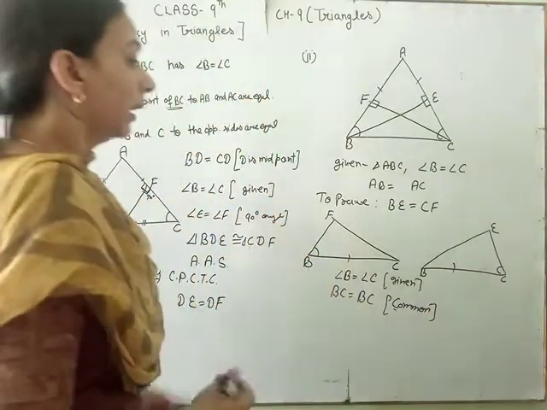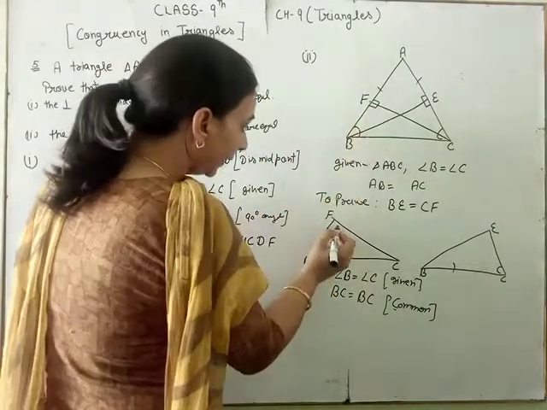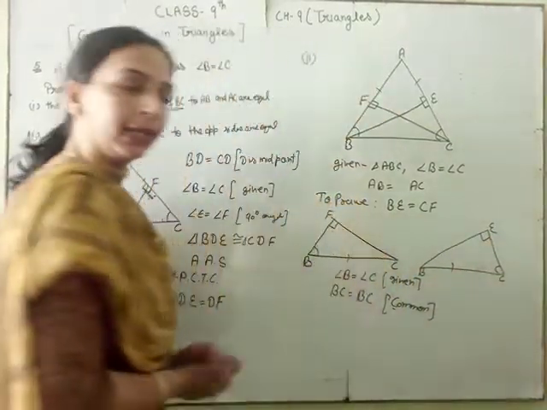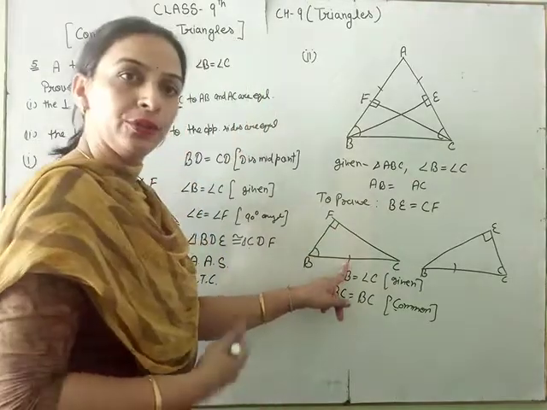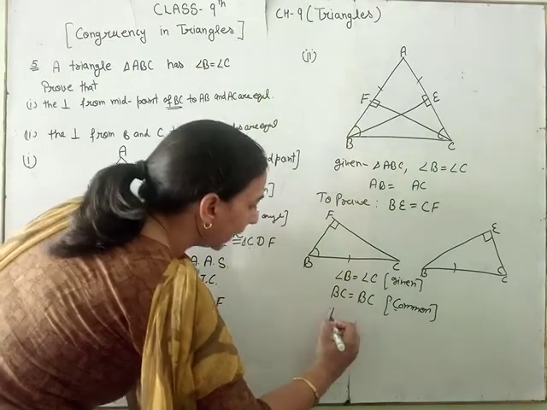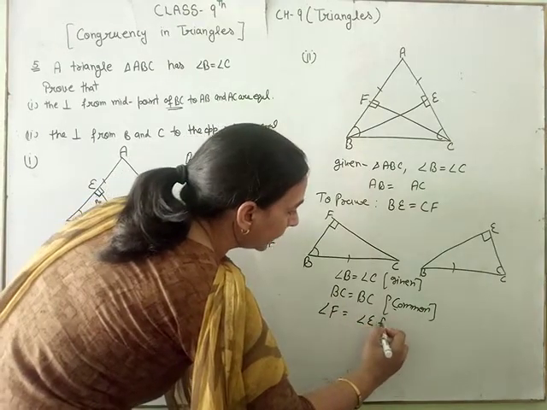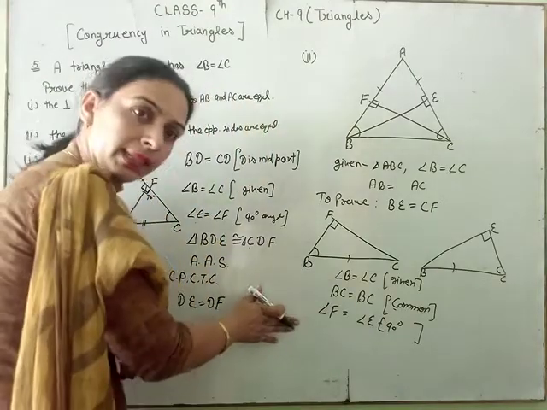Next we take the other condition. Student, angle F is a 90-degree angle and angle E is also a 90-degree angle. Then two angles and one side. Then we write angle F equal to angle E, and these are 90-degree angles. So three conditions are satisfied.